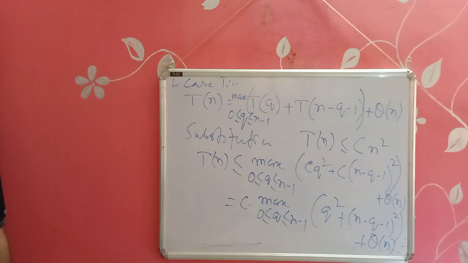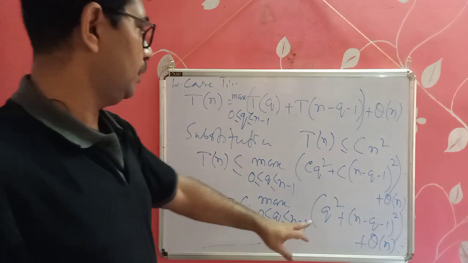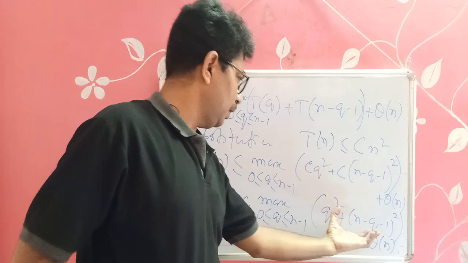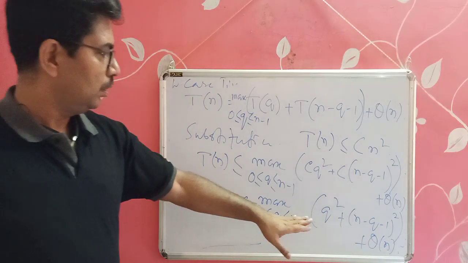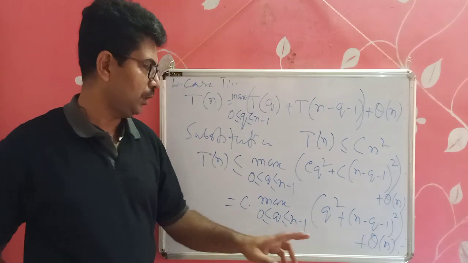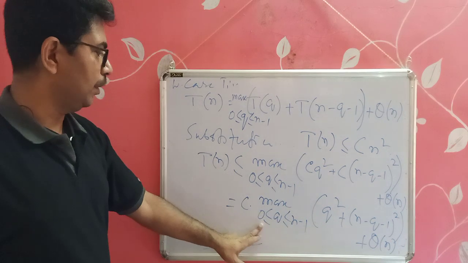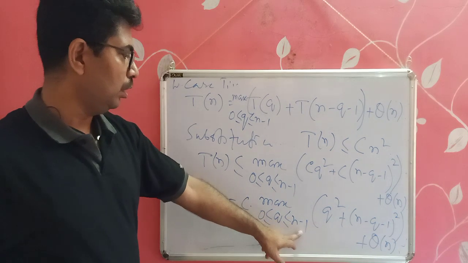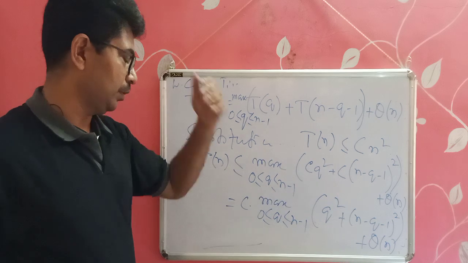Okay, and we are very much aware that this kind of equation exhibits the optimum solution at the end. That means when q equals 0 or q equals n minus 1.